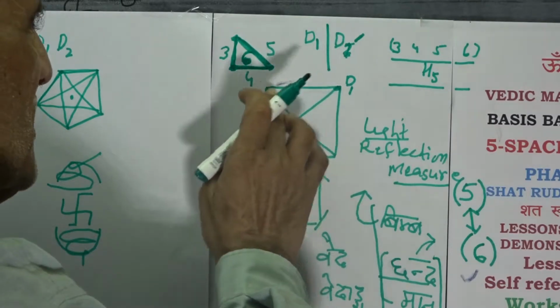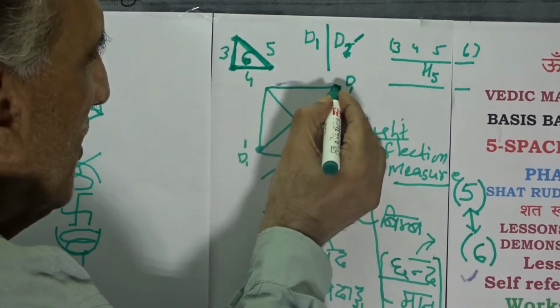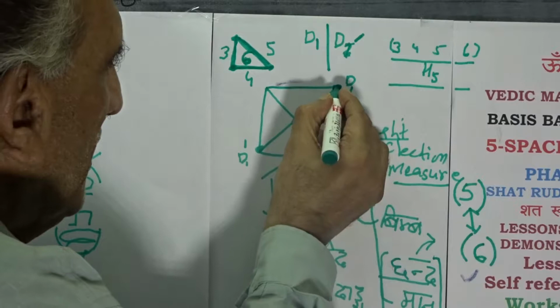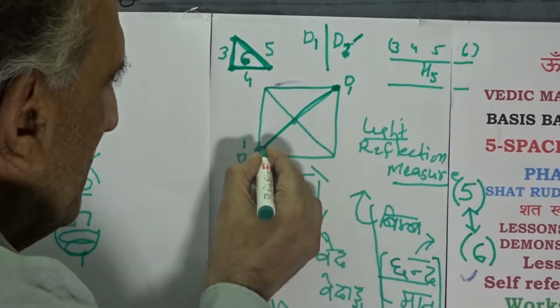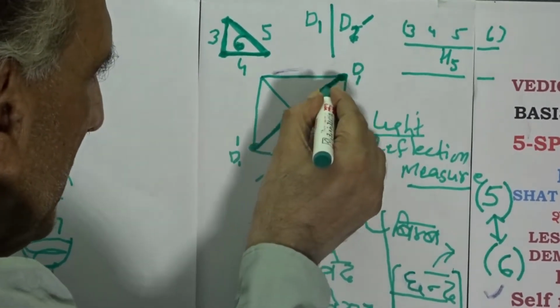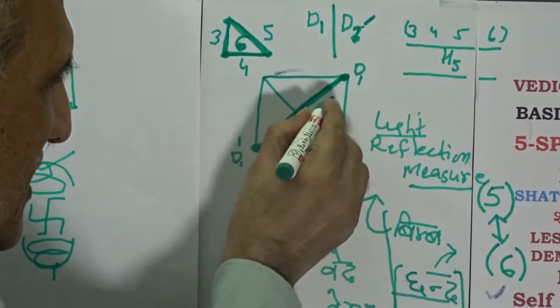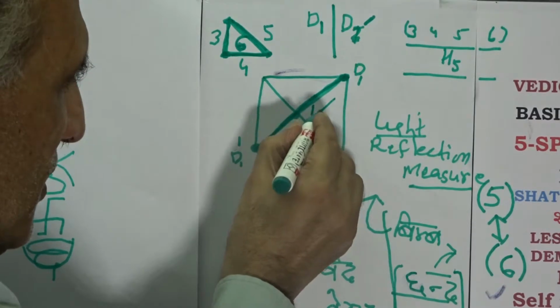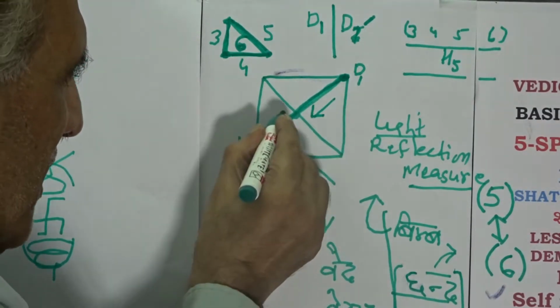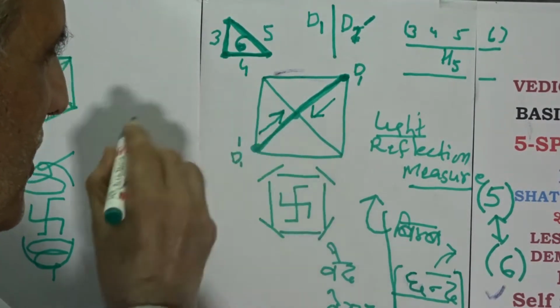So there are four sides, and from each of the corner points there is only one internal diagonal. This internal diagonal, when it is from this edge to this edge, is of this orientation, and from the opposite it would be an opposite orientation.